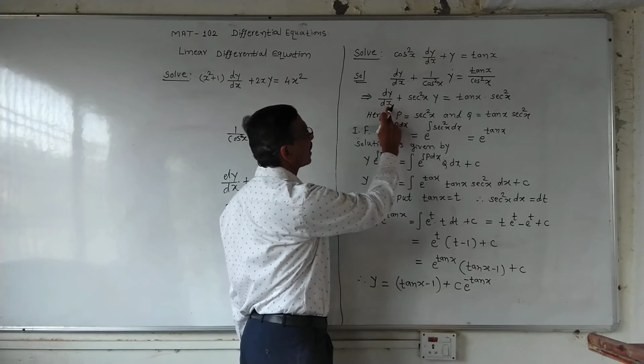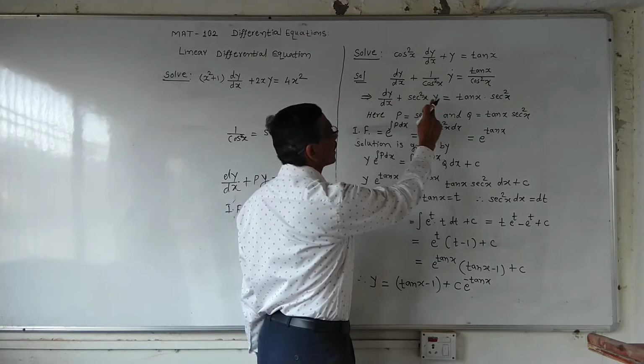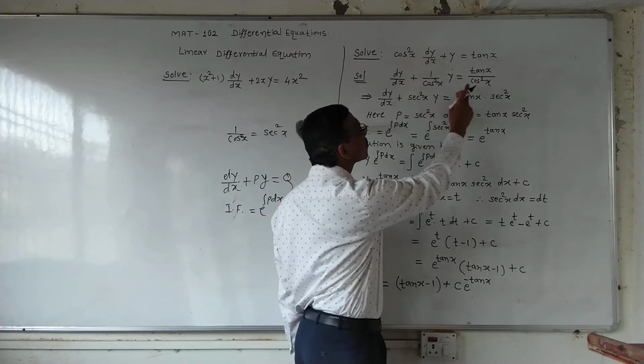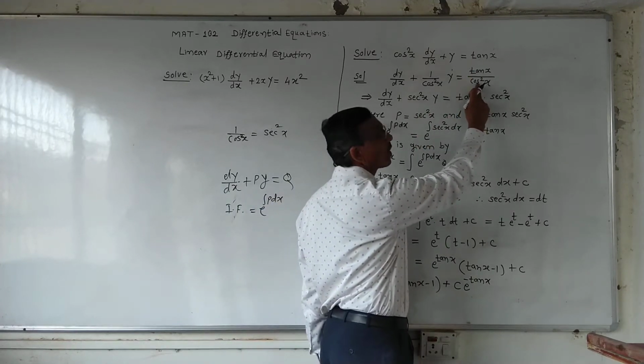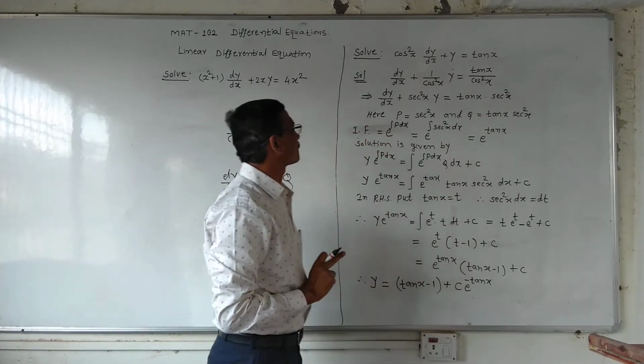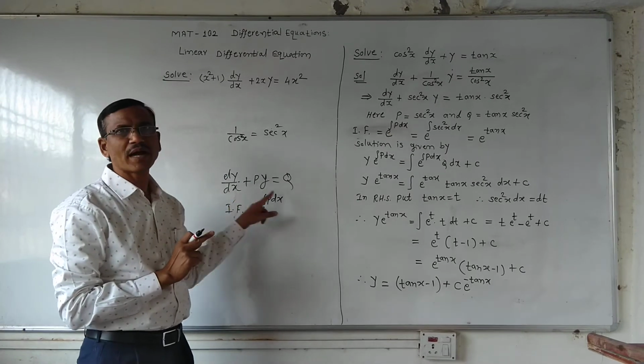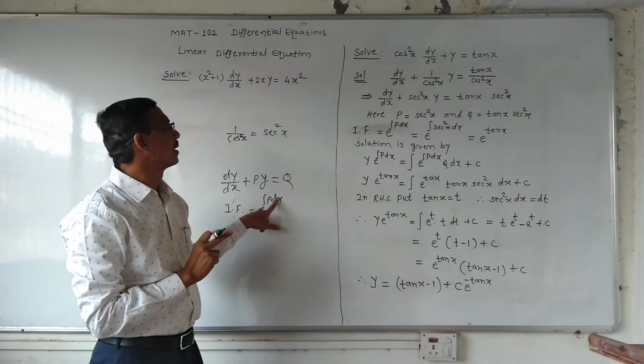Therefore this equation becomes dy by dx plus sec square x into y is equal to tan x into sec square x. Now this is in the general form dy by dx plus py is equal to q.